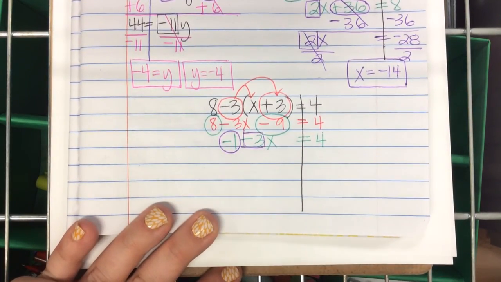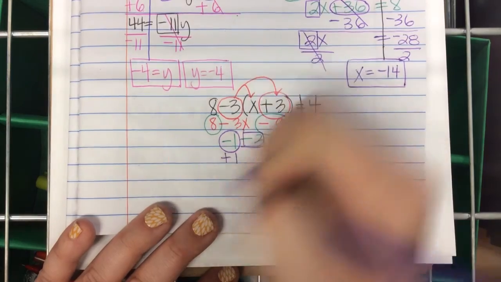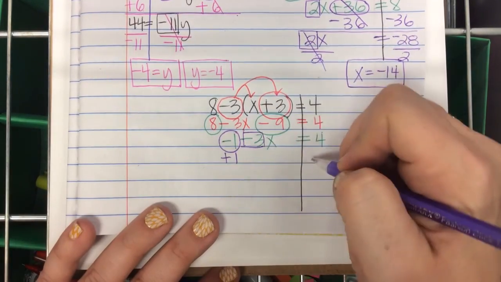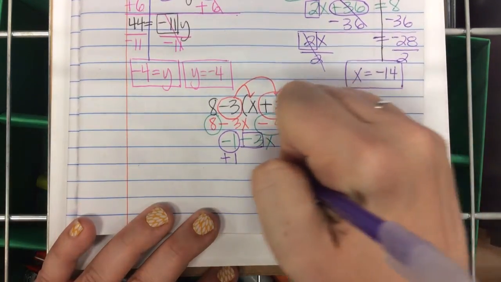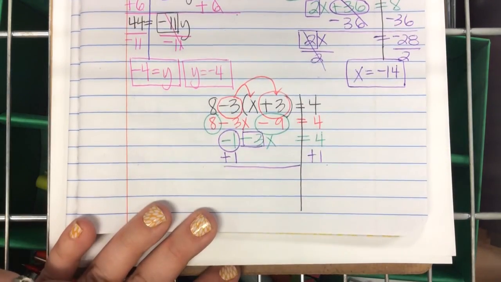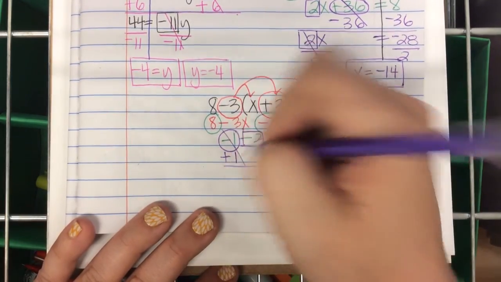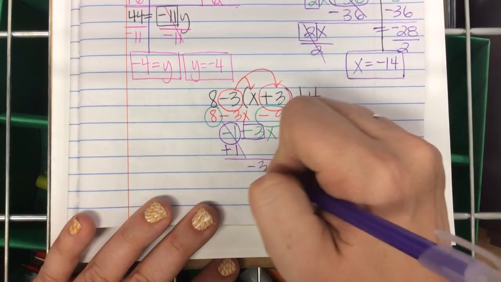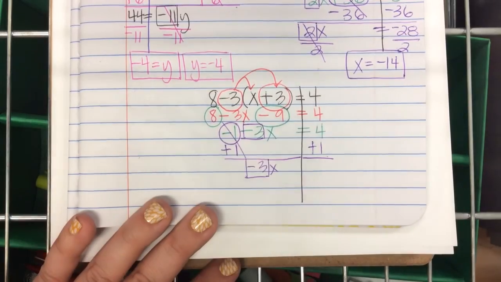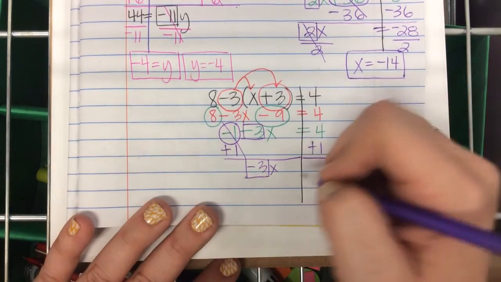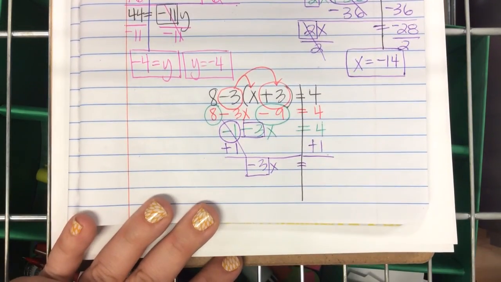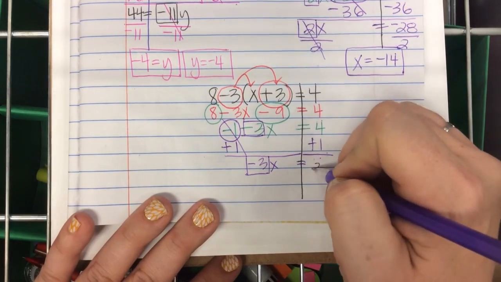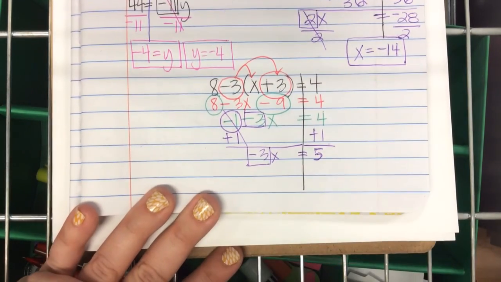I move my constant, which is negative 1. I move that first. How do you move it? The opposite, which is plus 1. My 1s cancel out because they're inverses. I'm left with negative 3x, and there's still a box around negative 3 because that's my coefficient. Equals, what's 4 plus 1? Am I done yet? What's my last step?